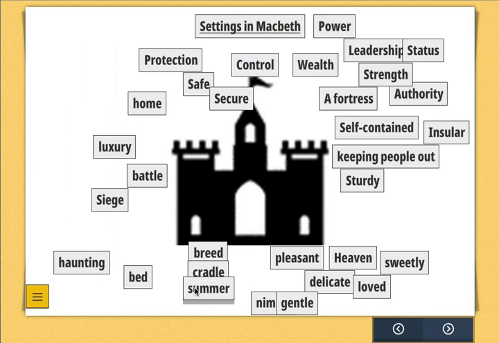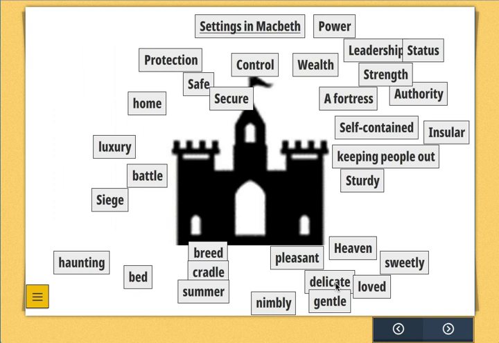Just moving these ones. So we've got all of these very positive words: pleasant, sweetly, delicate, loved, all very positive words there. Obviously heaven's got very positive connotations, and all the words there, nimbly, gently, delicate. There's a sort of softness about the language and the words that are used to describe the castle.